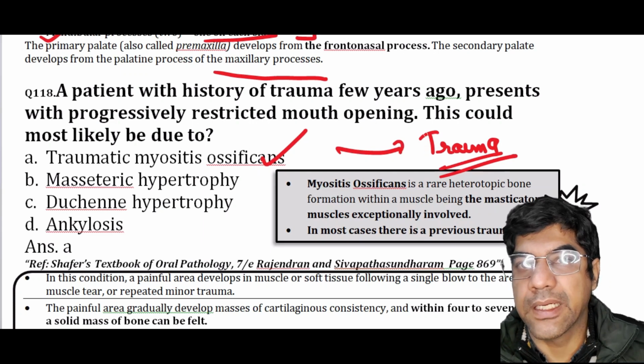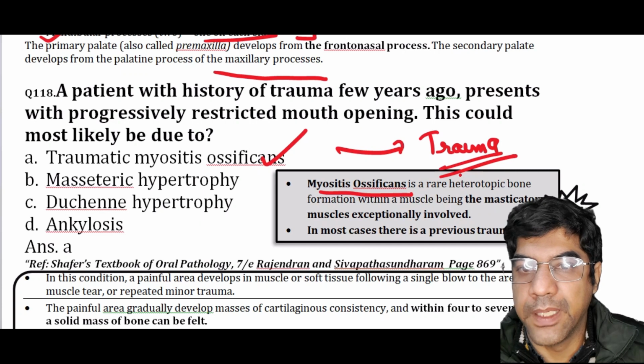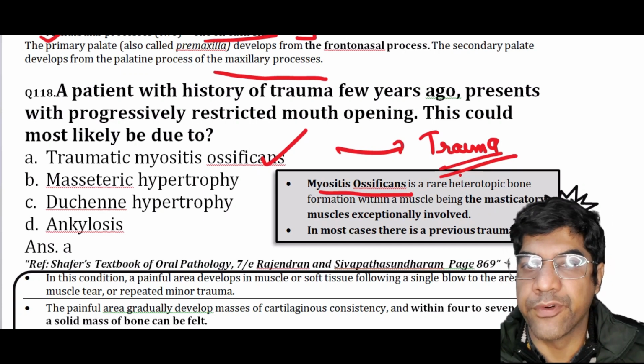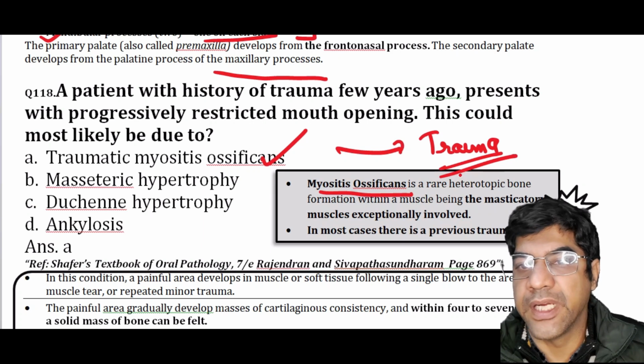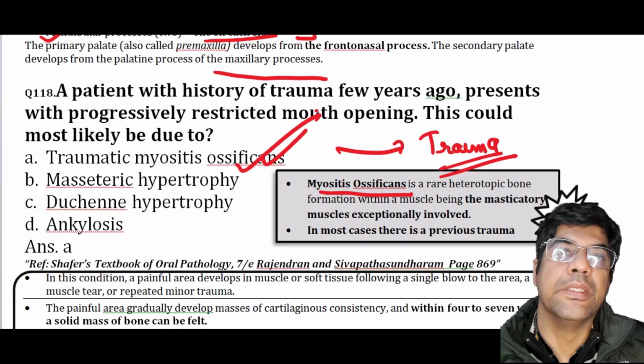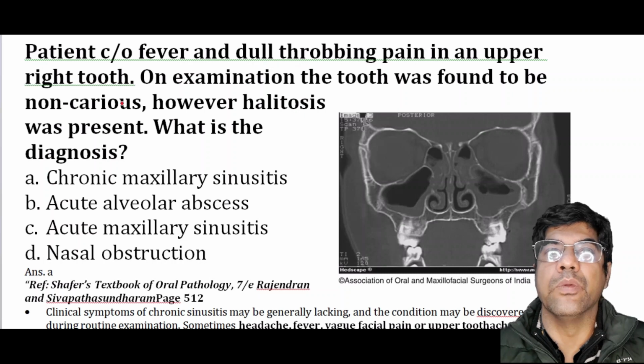The common sites for myositis ossificans, remember, are the pectoralis major, biceps, and thigh muscles. So in the context of a patient with a history of trauma and progressive restricted mouth opening, traumatic myositis ossificans is the likely explanation.